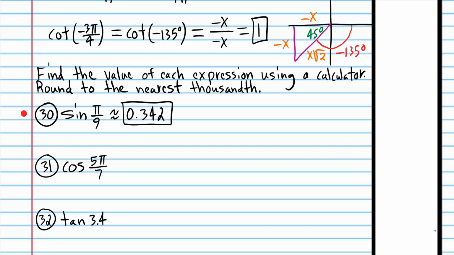Okay, so let's try 31. In the graphing calculator, enter cosine, and then 5, and then the blue second button, and then the pi button at the right, divided by 7, enter, and you should get approximately negative 0.623.